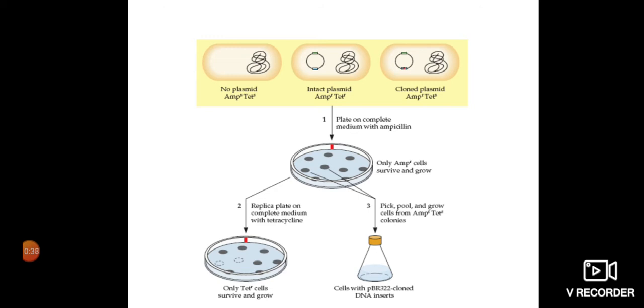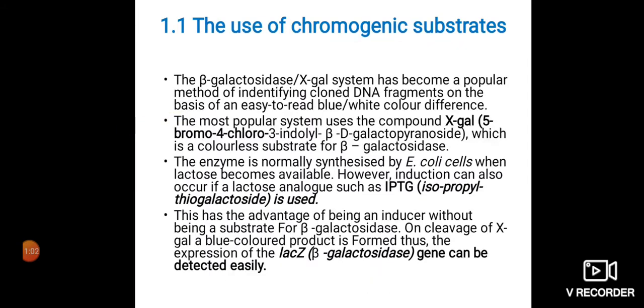So this is one method wherein insertional inactivation is used as a screening method. You can also call it a genetic characteristic, gain of function and loss of function, both being used here for identification or screening.